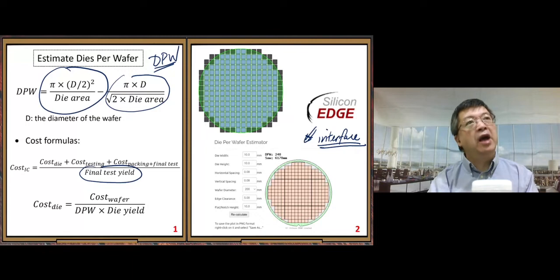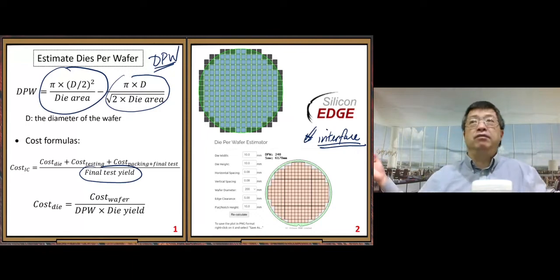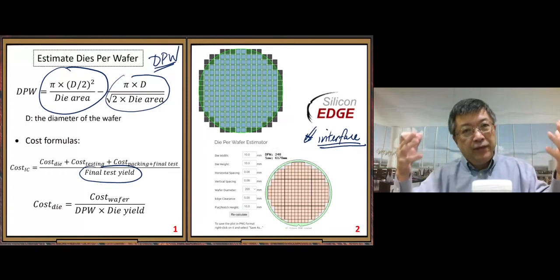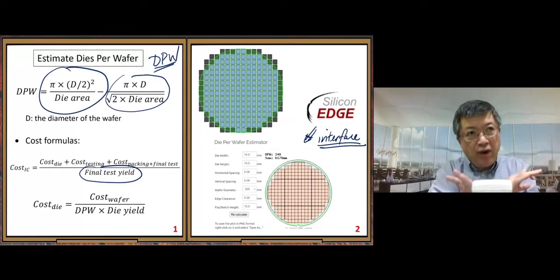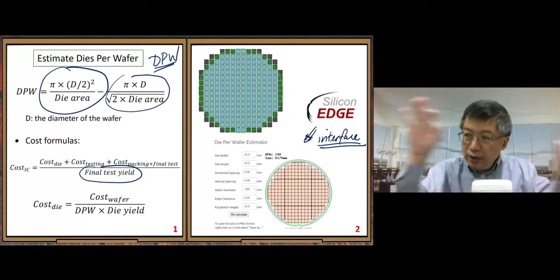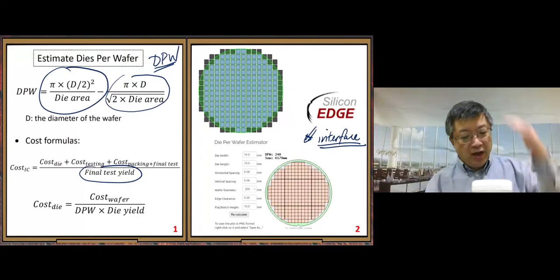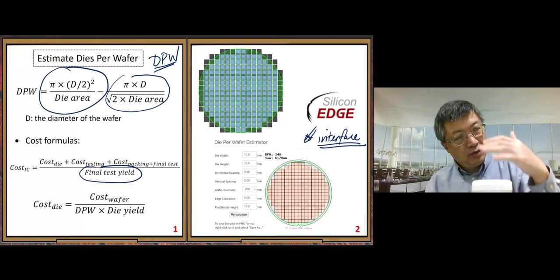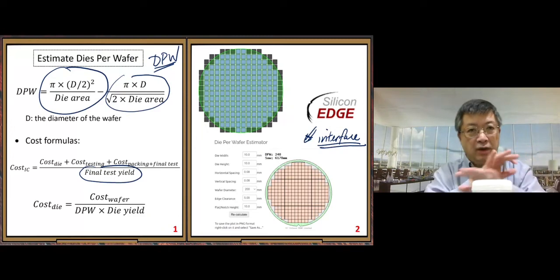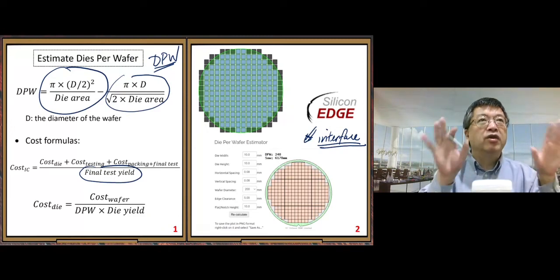Bad dies cannot carry any cost. Throw away, okay? So the cost must be spread over all the good dies. So that's the reason we have this formula: cost of wafer over number of good dies.